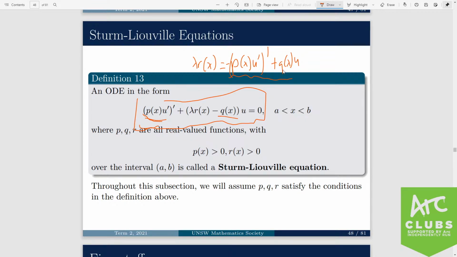So essentially we just have a self-adjoint operator plus this lambda r of x term, and that is a Sturm-Liouville equation. And the conditions for it are that p of x and r of x have to be positive over this interval.